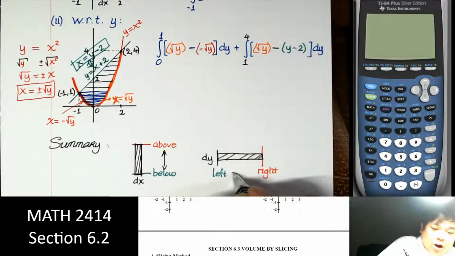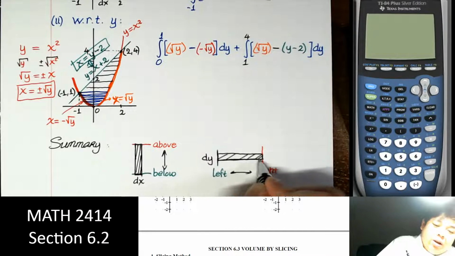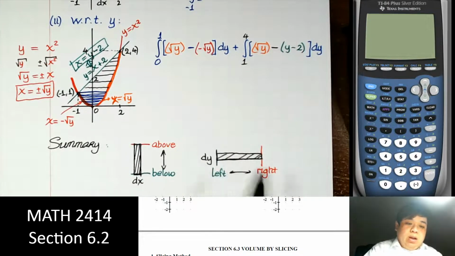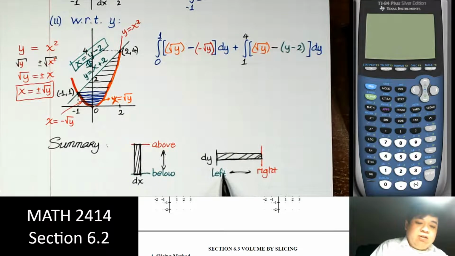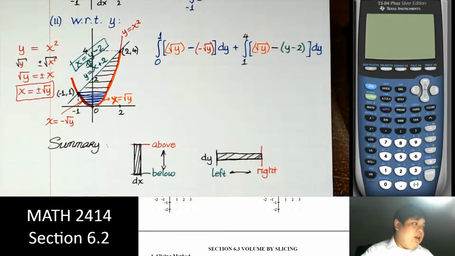We have to subtract those two, so that gives us the width along with the height. The dy, we know the height. We still need the width. As always, the right minus the left. The difference of those two gives us this length, times the dy gives us the area of the rectangles.